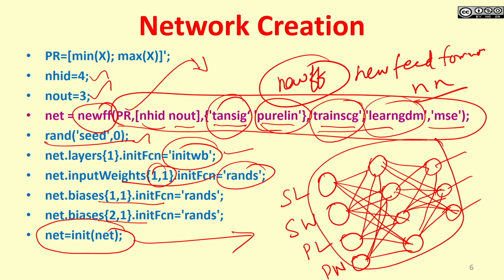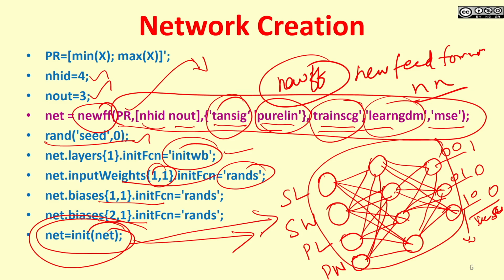So, here in the output what do we get? Maybe we get 1 0 0 here, maybe we get 0 1 0 here, or maybe we get 0 0 1 here. So, if we get 1 0 0, it is setosa, 0 1 0 is versicolor, and 0 0 1 is virginica. So, like this we have to get it. So, this init command will create a neural network like this. So, this is the way in which you have to create a neural network model using the MATLAB environment.